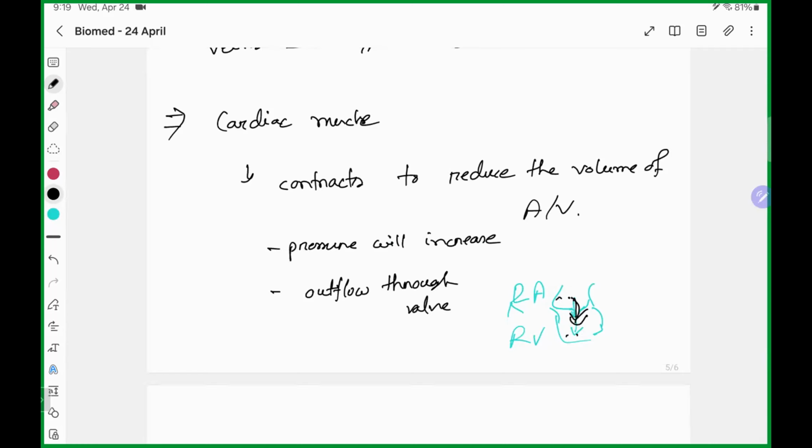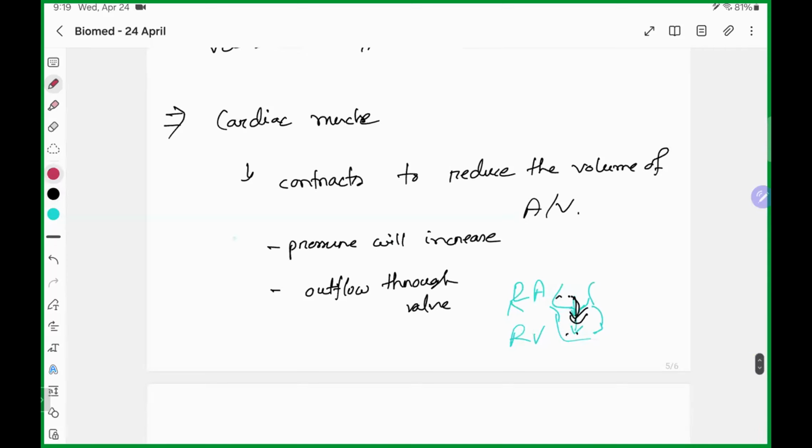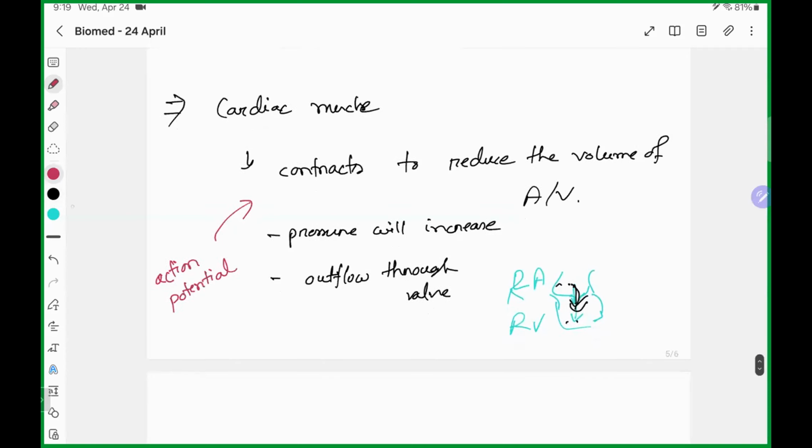So what starts this process? Action potential. I think you have studied the action potential in your previous courses. Yes, sir.